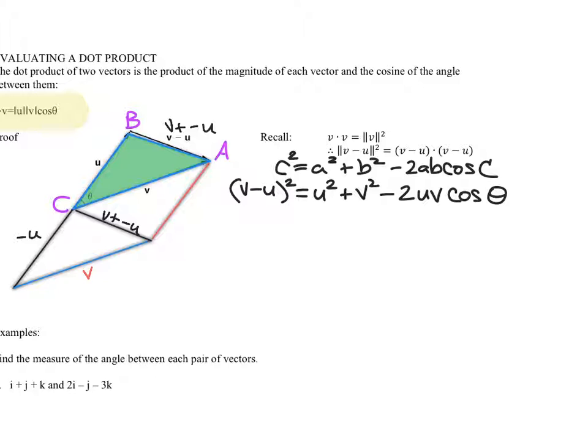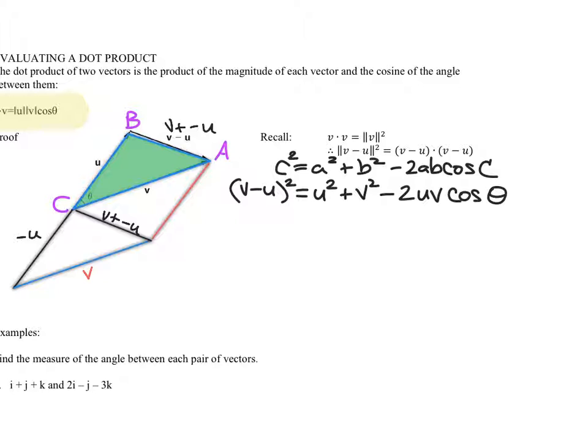Now there's one little issue with this, and that issue has to do with the fact that, how do you square a vector? Well, it all depends. And the issue that comes into play is, why would I want to square a vector? These are lengths of sides. So what I would want to do is square the magnitude of those vectors.